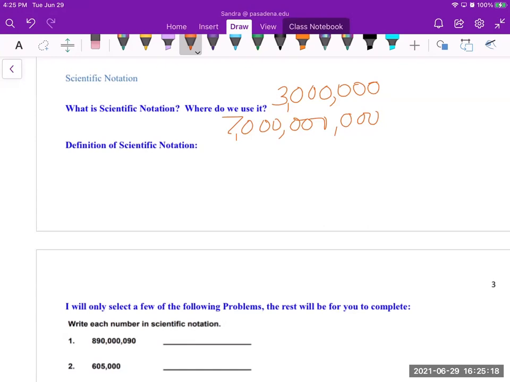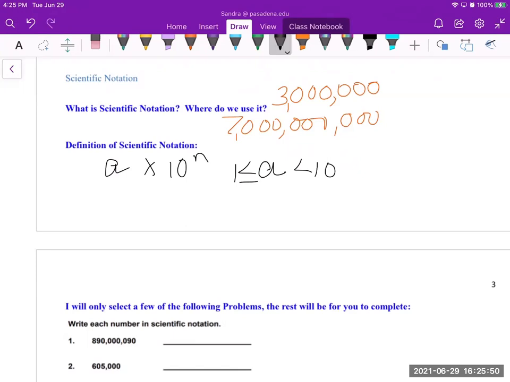Scientific notation is, this will be the definition. The definition says, if you can write a number, and let me go ahead and label the number A, make that number multiplied by 10 to some power n, where A has to be a number between 1 and 10. It can be equal to 1, but not equal to 10.